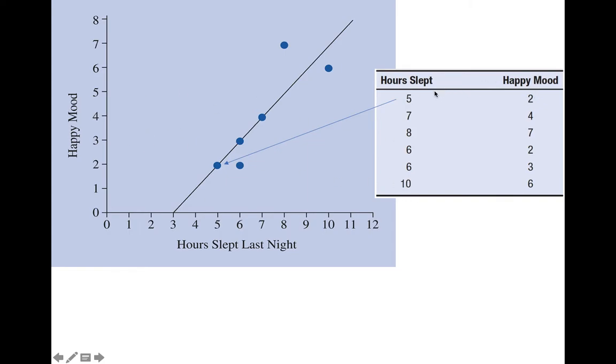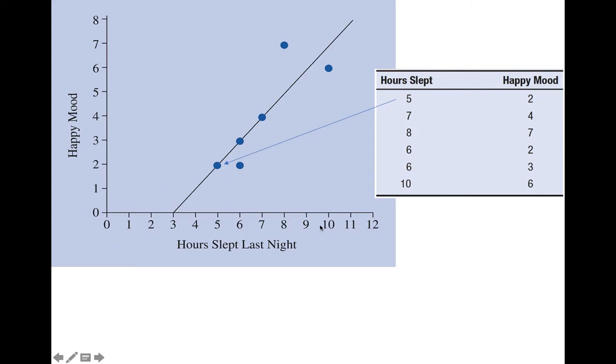Happy mood, we would have to know what the possible values are. So if given a questionnaire where people were asked, on a scale from 0 to 8, what is your mood? It'd be necessary to know what the range of possible values are.